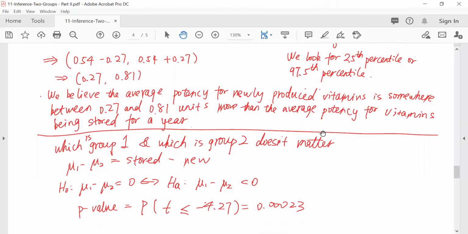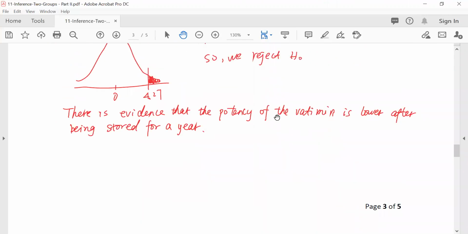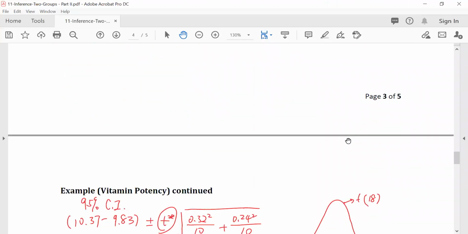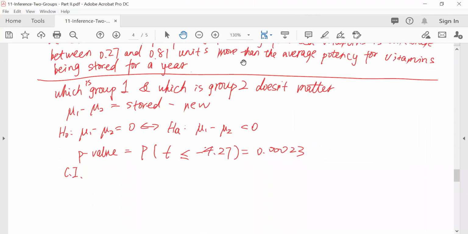So with this p-value, you are still going to reject your null hypothesis, and you are going to have the same conclusion here as well. Similarly, for the confidence interval, you just are going to switch the sign. So your confidence interval will be this.